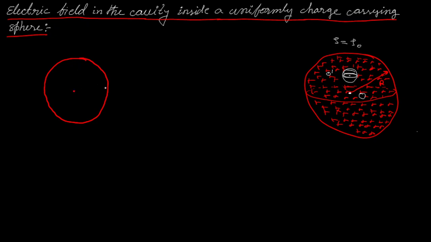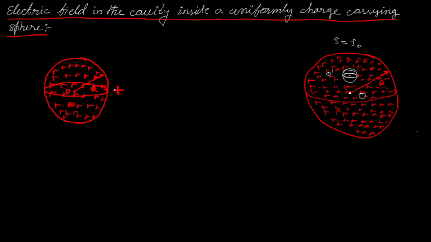The center is at O, and this sphere is carrying a uniform charge. This is the case when there is no cavity. This is the radius R sphere, and the center of the sphere is at O.